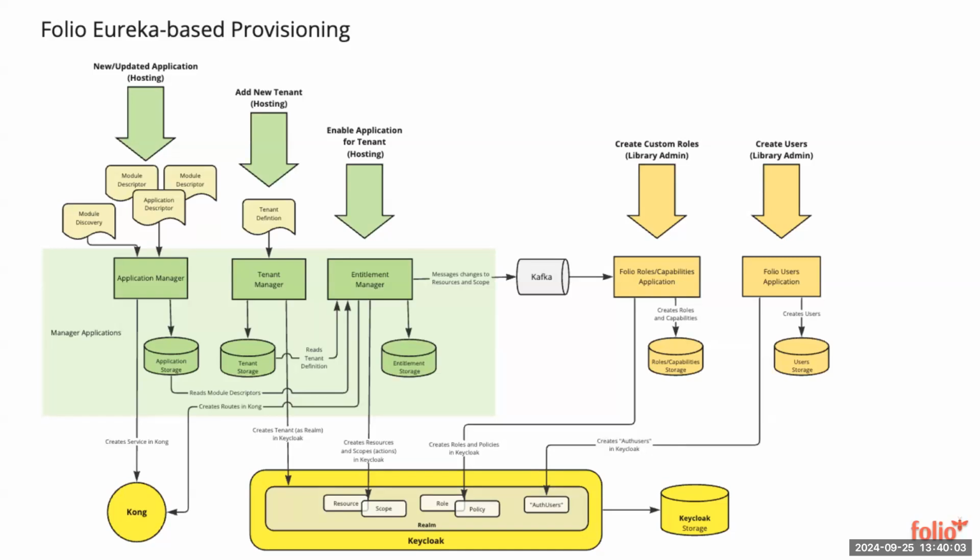So we can do it. And in an Okapi-based platform installation, we just do not have this component. So possibly it has a higher total complexity, but that complexity is more distributed with Eureka. In Okapi, you have it all in one.